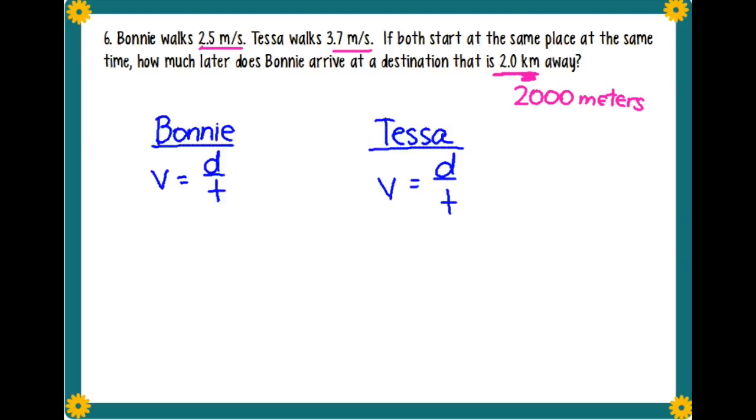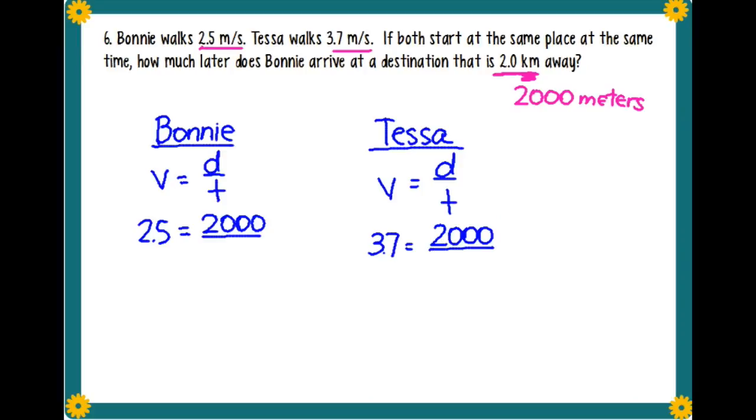This looks like it's going to be one of those Harry Larry kind of problems we've been doing in class, where it turns into a big system of equations. Let's see. I know her velocity. I know her distance. I know her velocity. And I know her distance.